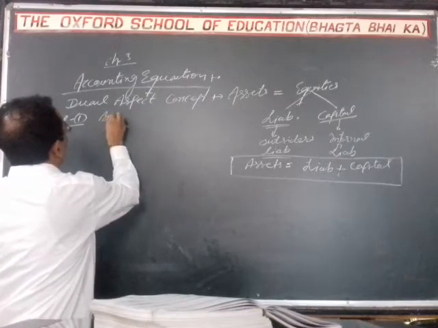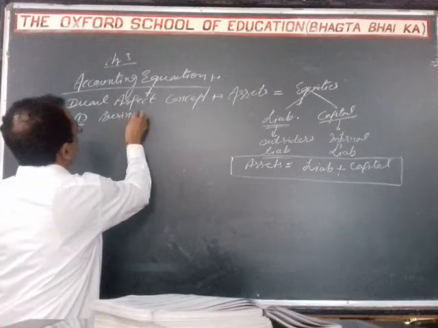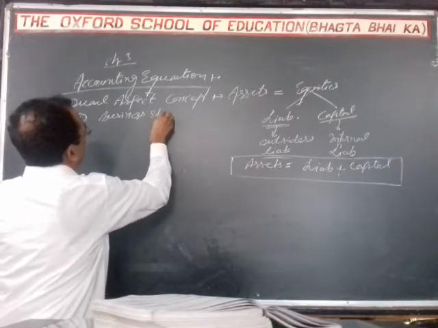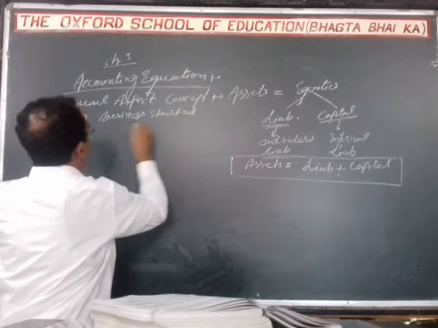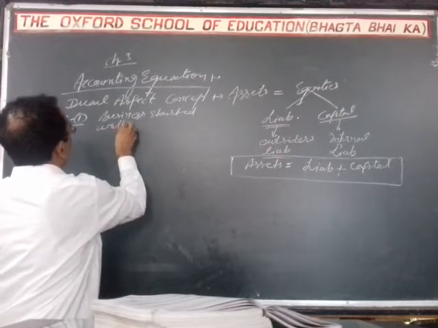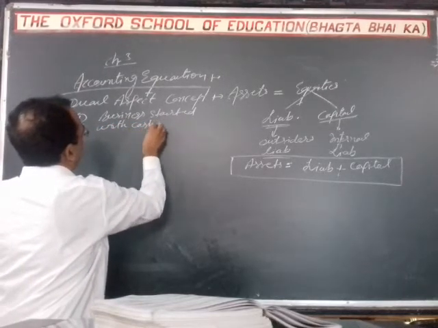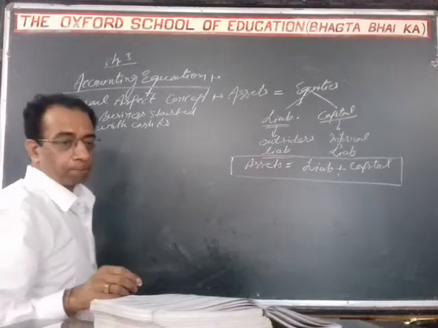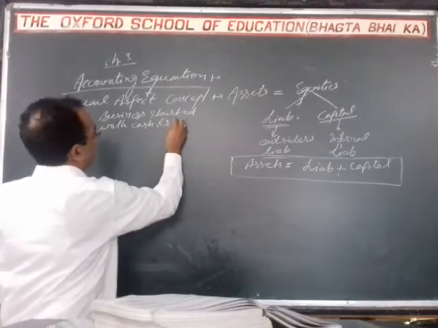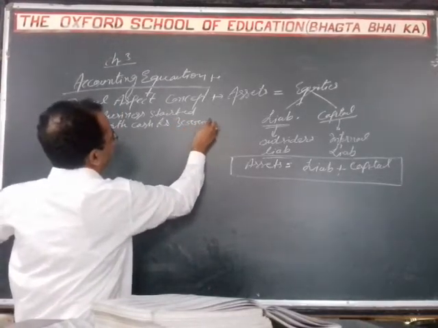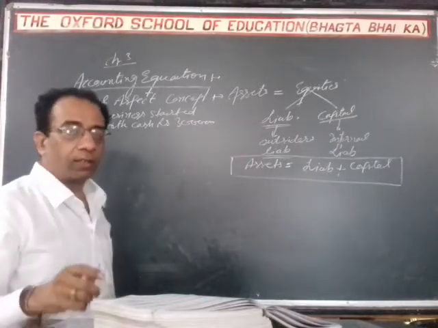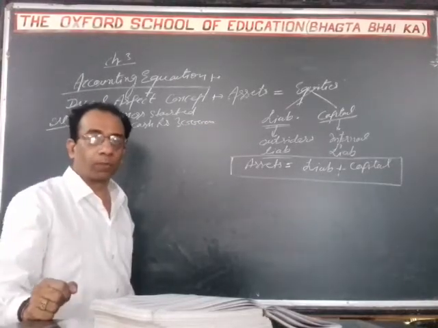So business started with cash rupees 3 lakh. So this is the transaction.